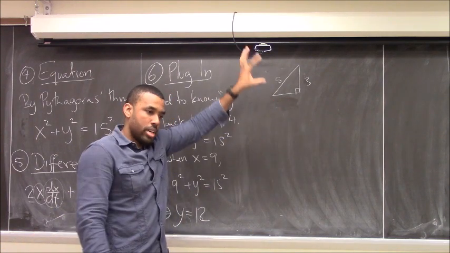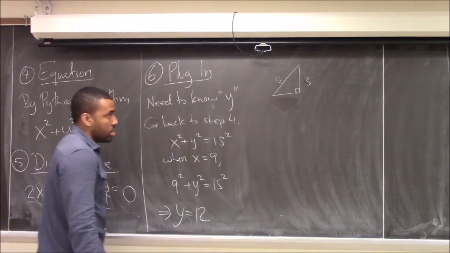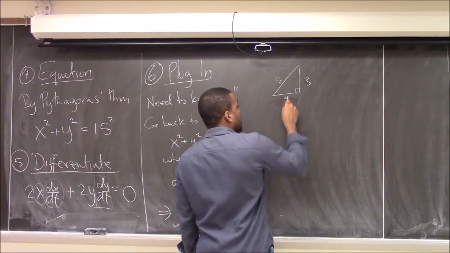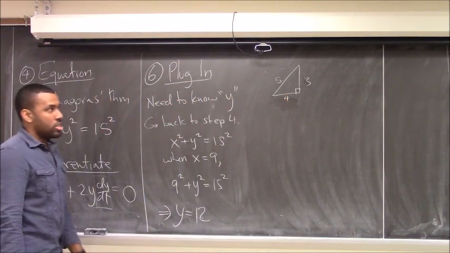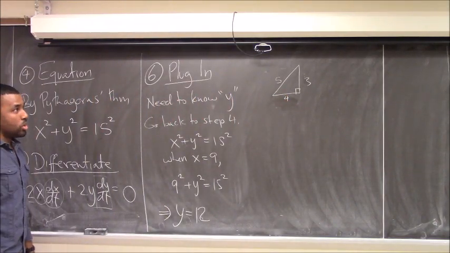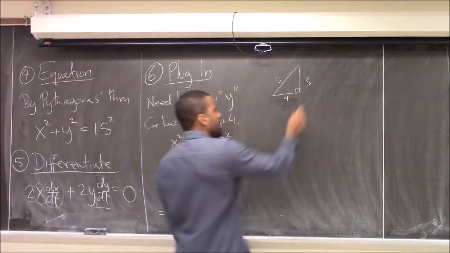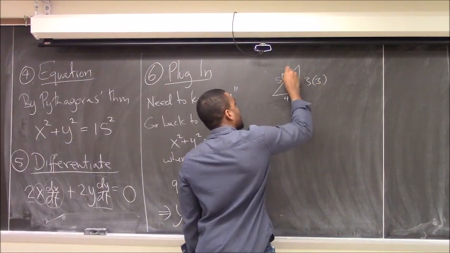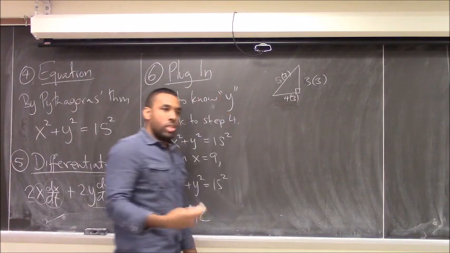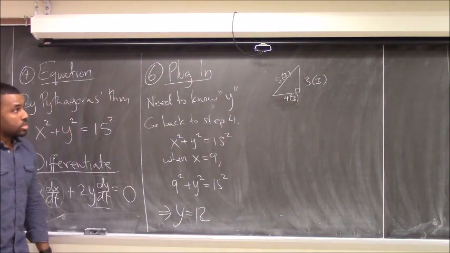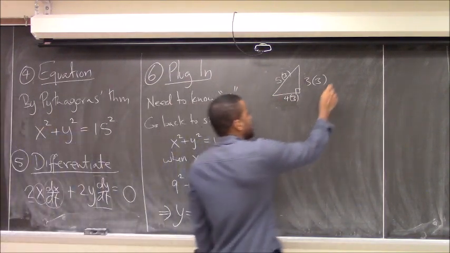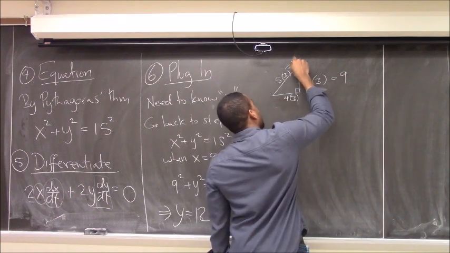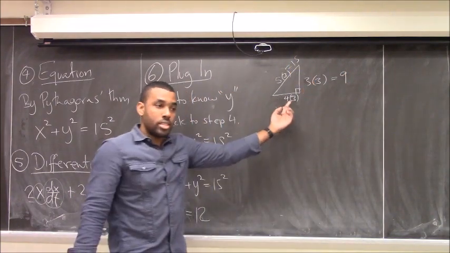Because these numbers are called Pythagorean triples. They always come together. And the nice thing about these triangles is they work proportionately. So if I were to multiply each side by 3, the relationship holds. So what you notice is that this side is 9, that side is 15, so it forces this side to be 12.